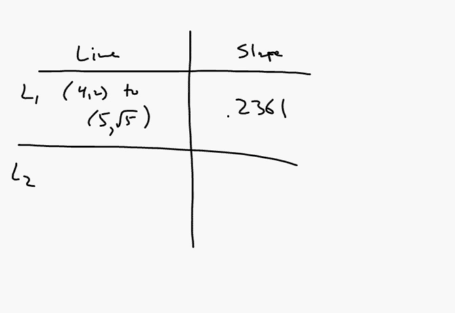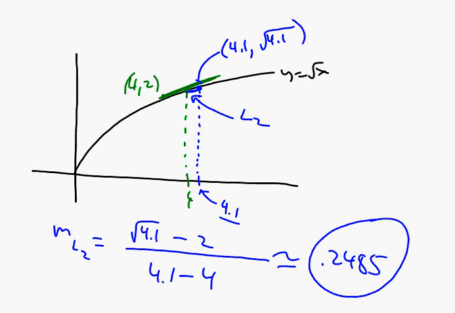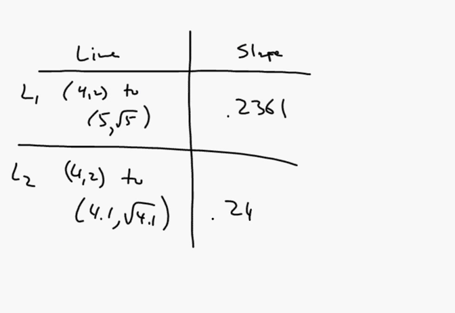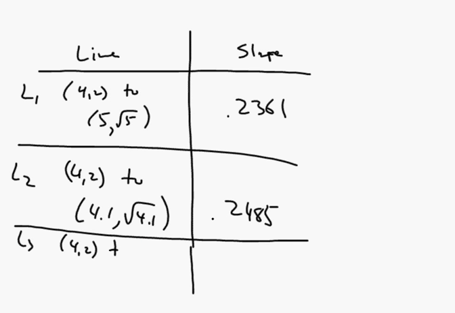Our second line went from 4, 2 to the point 4.1, square root of 4.1. And that gave us a slope of 0.2485. And then our last line, L3, went from 4, 2 to the point 4.001, square root of 4.001. And that gave us an answer of 0.24998.